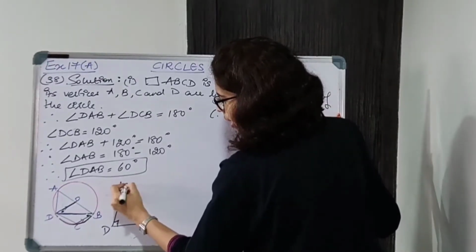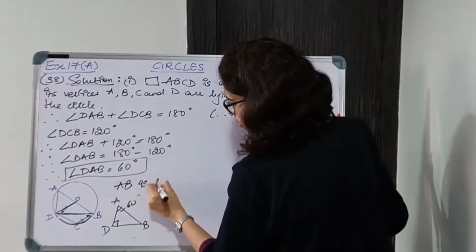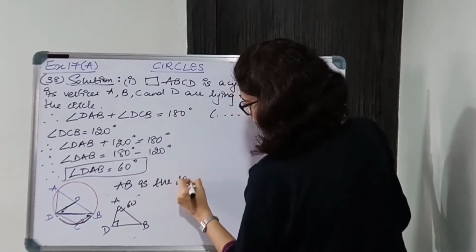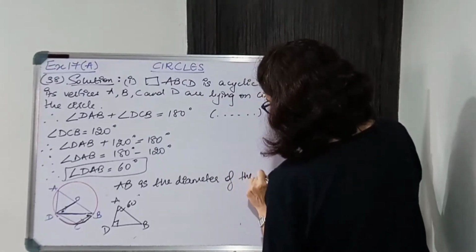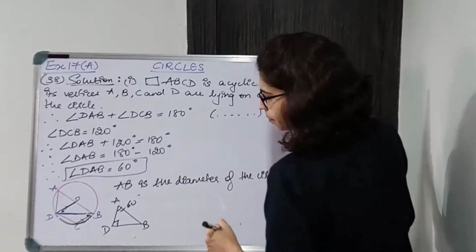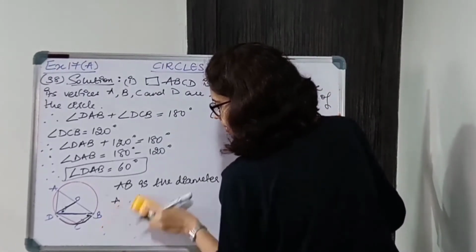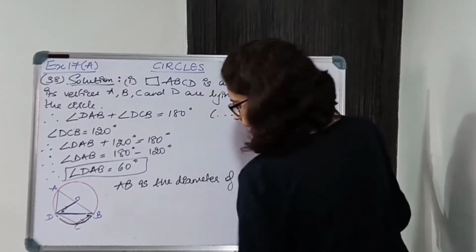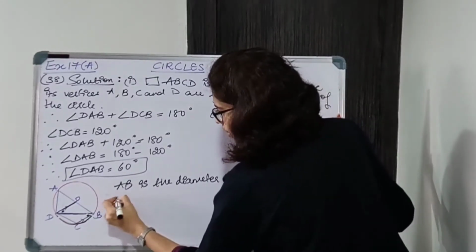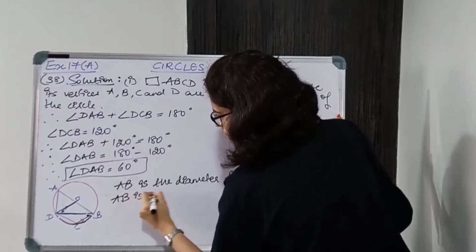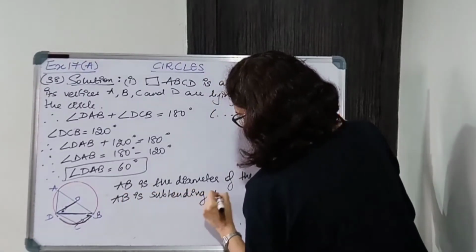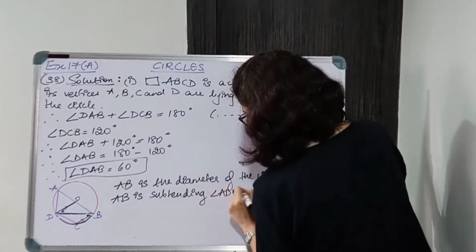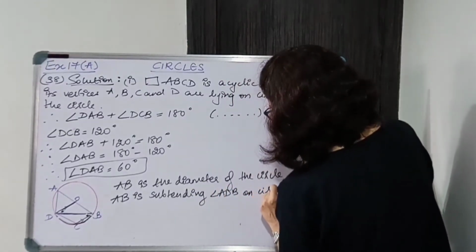So AB is the diameter of the circle. And it is subtending angle ADB. AB is subtending angle ADB on the circumference of the circle.